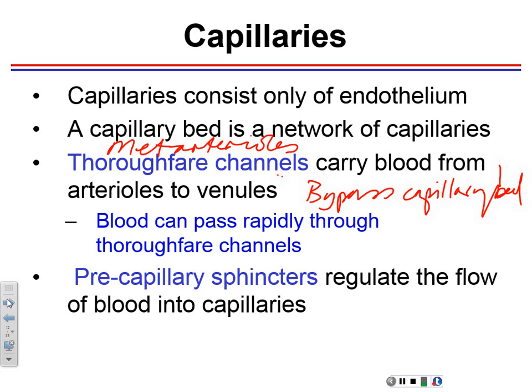So the precapillary sphincters regulate blood flow into the capillaries. And if that area doesn't need blood, those sphincters will close up, and then blood just goes through the channels, so that it just continues on, right? And this definitely prevents clotting.